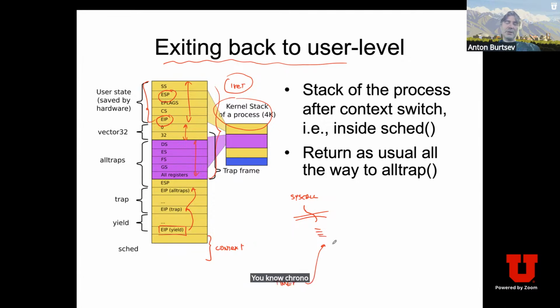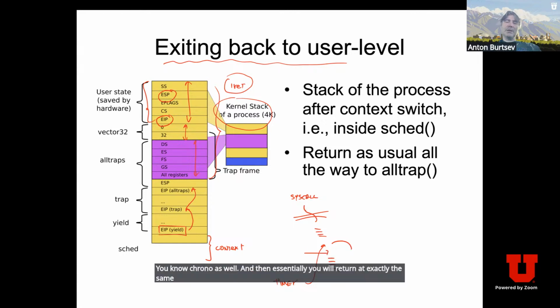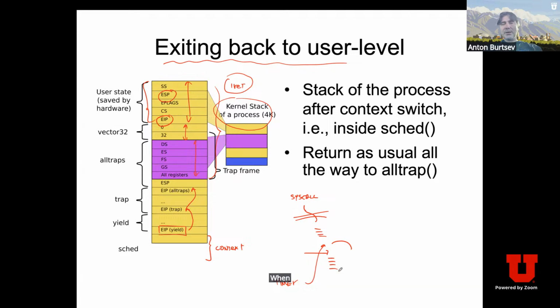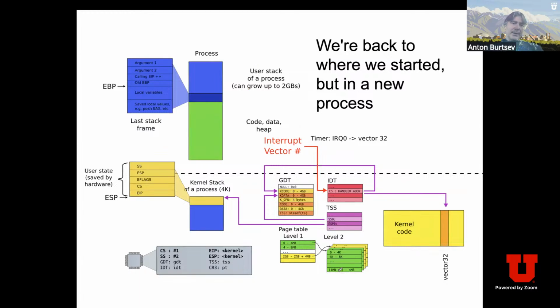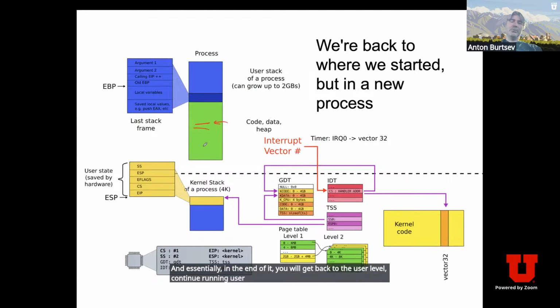Then you will return at exactly the same point and continue executing the same system call, even if you context switch here. And in the end, you will get back to the user level and continue running the user process, because iret will force you back into the user level.